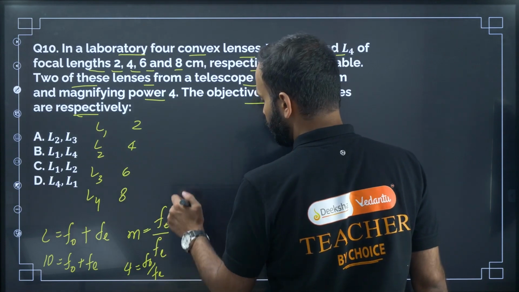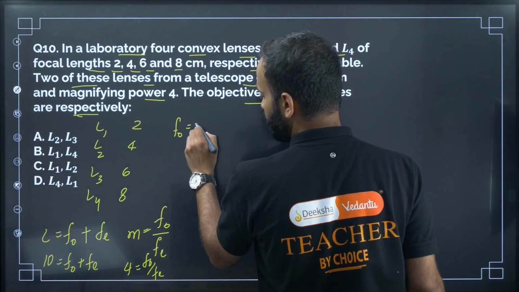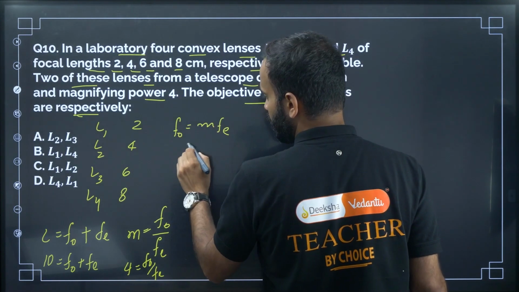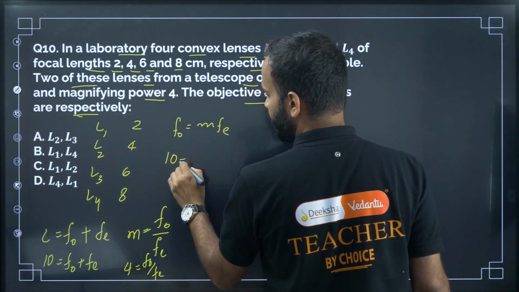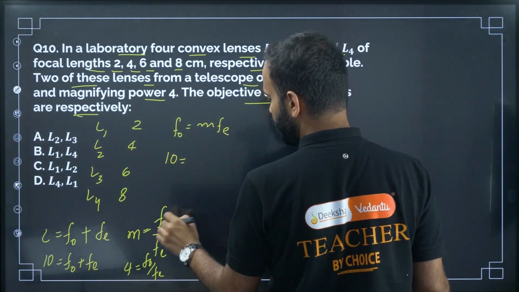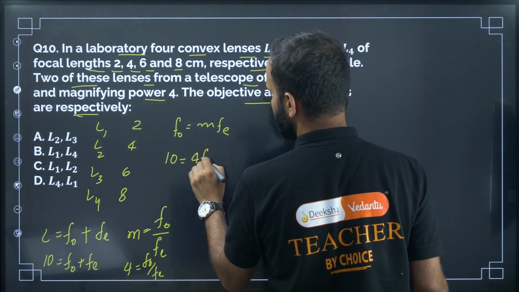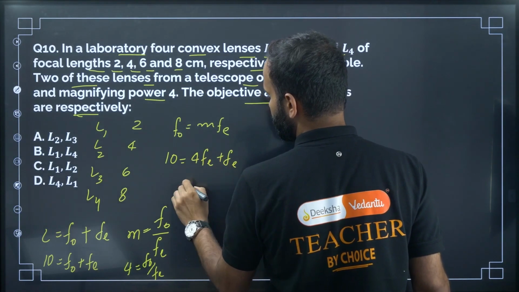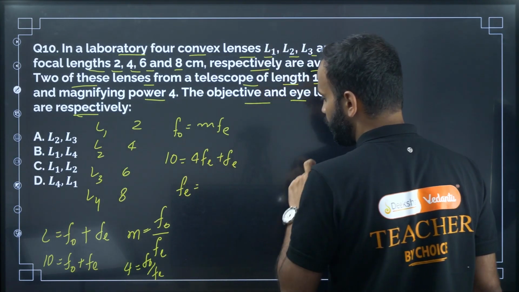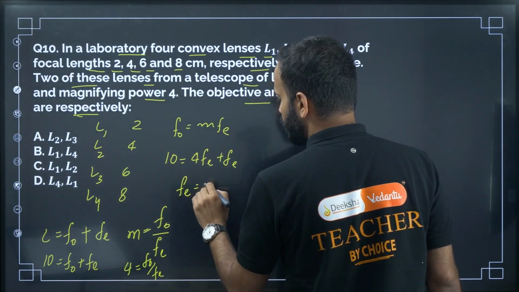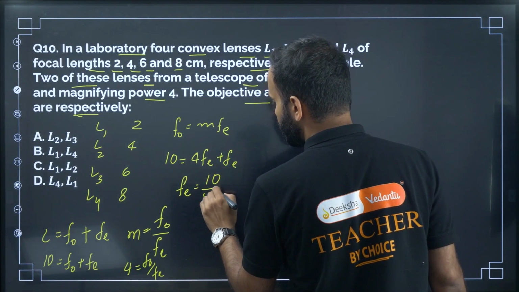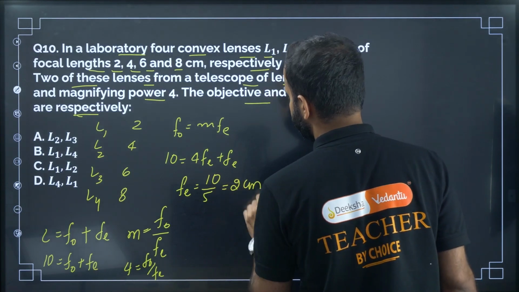So FO equal to M into FE. Now substitute FO into the first equation. 10 equal to M into FE plus FE, that is 4 times FE plus FE. So FE is equal to 10 divided by 5, which is 2 centimeter.